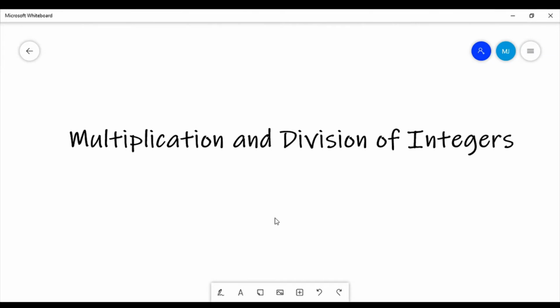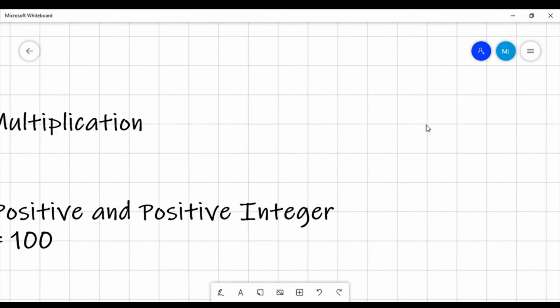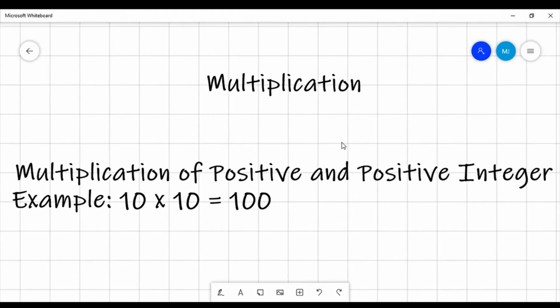So for today's video again, we're going to tackle on how to multiply and divide integers. So let's move on to the multiplication of integers.